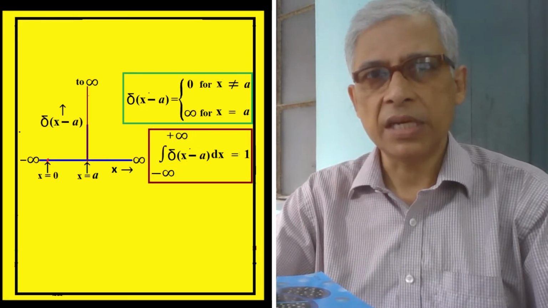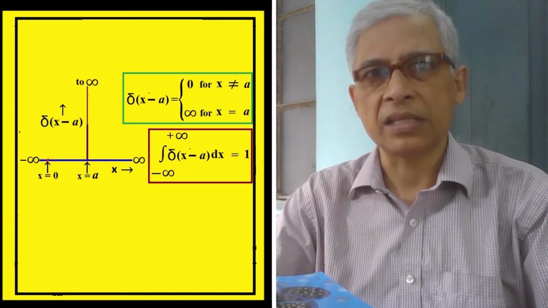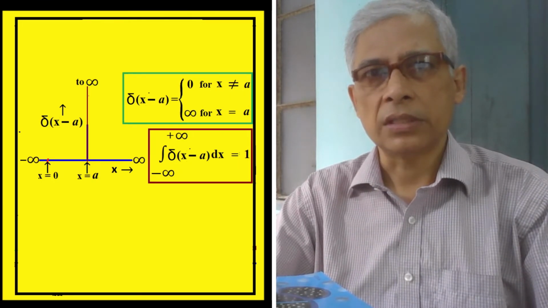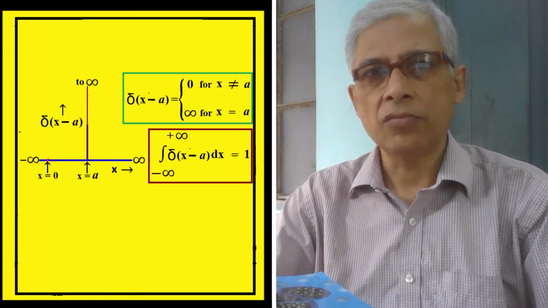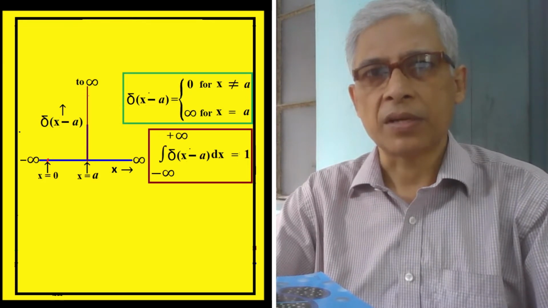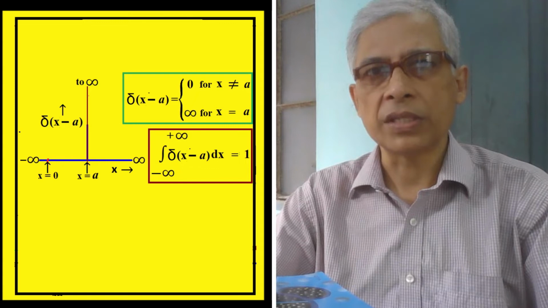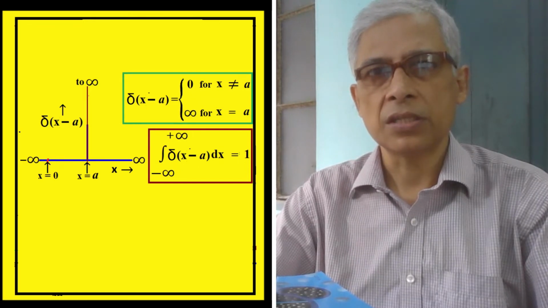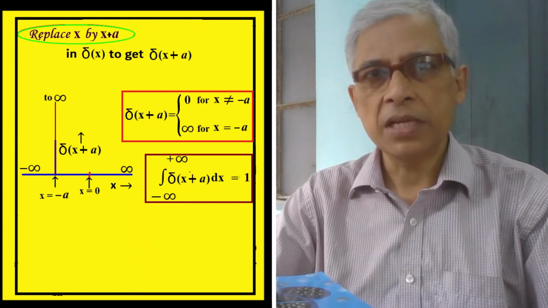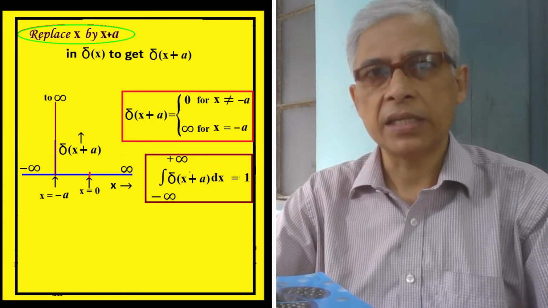So this is the Dirac Delta function of x minus a, or the Dirac Delta function around x equal to a, the graphical plot along with its mathematical representation being shown explicitly. In a similar manner, we get the Dirac delta of x plus a with a replacement of x by x plus a.